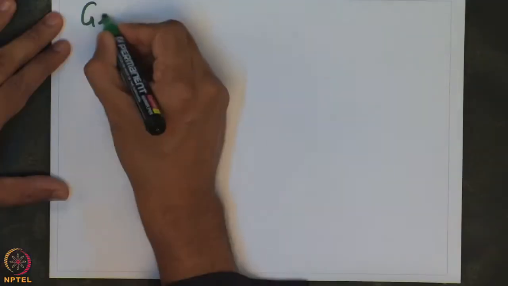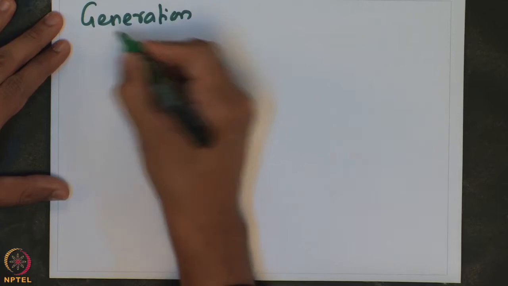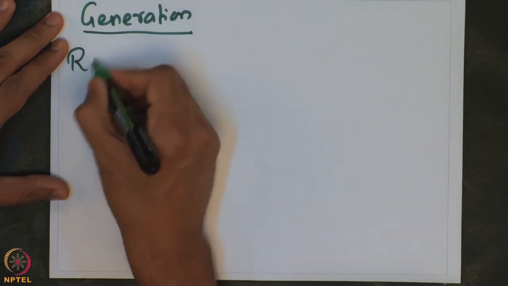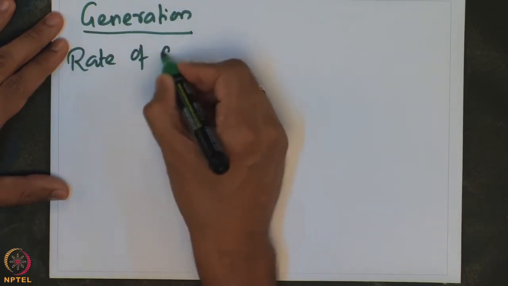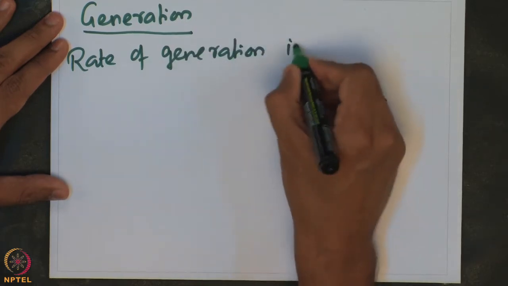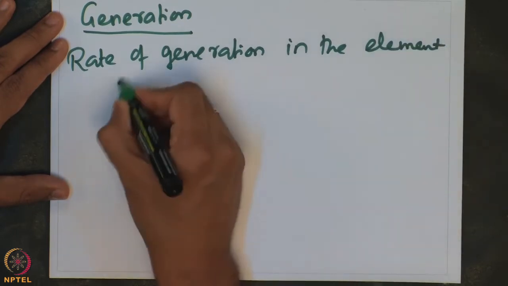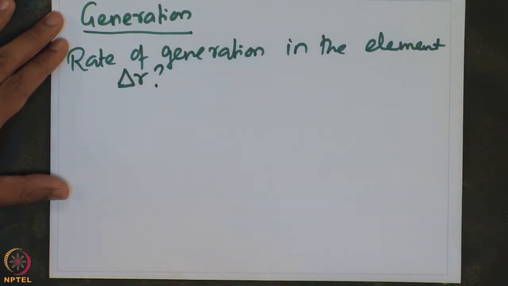Next, let us look at the generation term. What is the rate of generation in the element delta R?